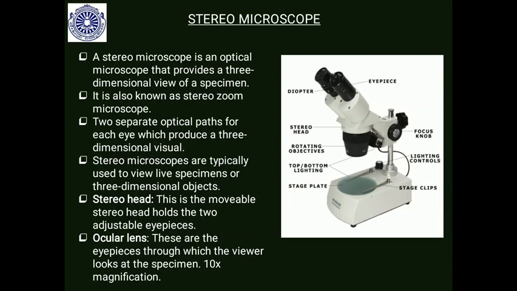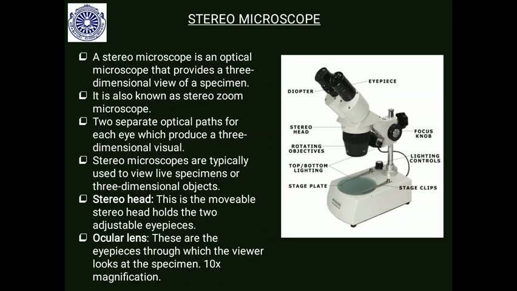Then the last one is the stereo microscope. You are not using this constantly, so it is only helpful in viewing a living object, or an object and dissecting it, or taking something out of it. Then this will be very helpful because it gives a three-dimensional view of the specimen.